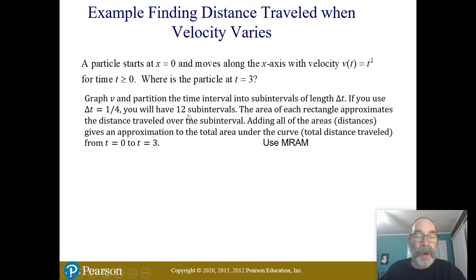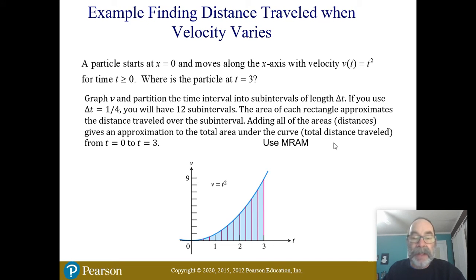Now, we want to use 12 subintervals. So if you go from 0 to 3, that's 3, and divide it by 12, you'd come up with each one having a delta t, or a width of our rectangles, to be a quarter. And let's use the midpoint rectangular approximation method. So it might look something like this.